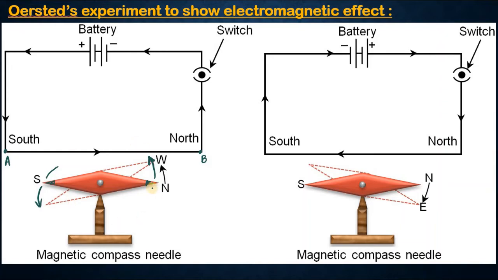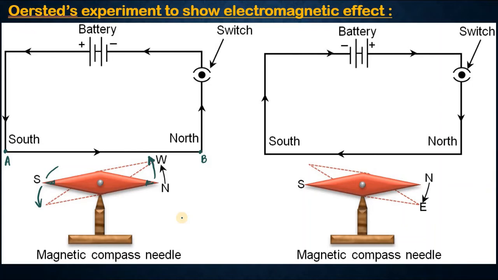So, in this experiment, Oersted found that whenever there is flow of current through the circuit, the needle is deflecting. If the current is stopped, the needle returns back to its original position along the north-south direction. So, he tried to get the reason for this. He tried to make the analysis for this.